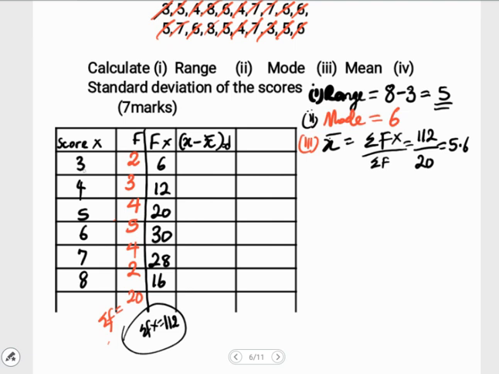So the first one, we're going to have 3 minus 5.6, and we're going to have negative 2.6.